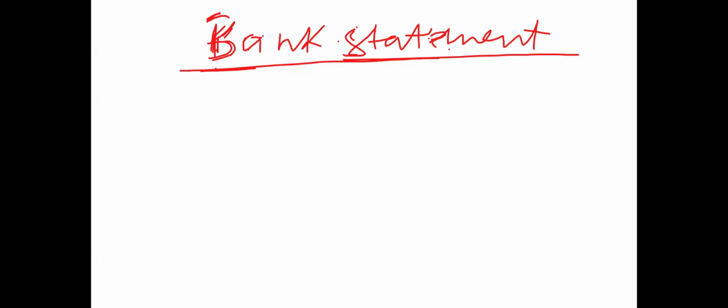But I want you also to remember that for the cash book, we have the 2-column cash book and the 3-column cash book. The single column cash book most of the times doesn't appear.